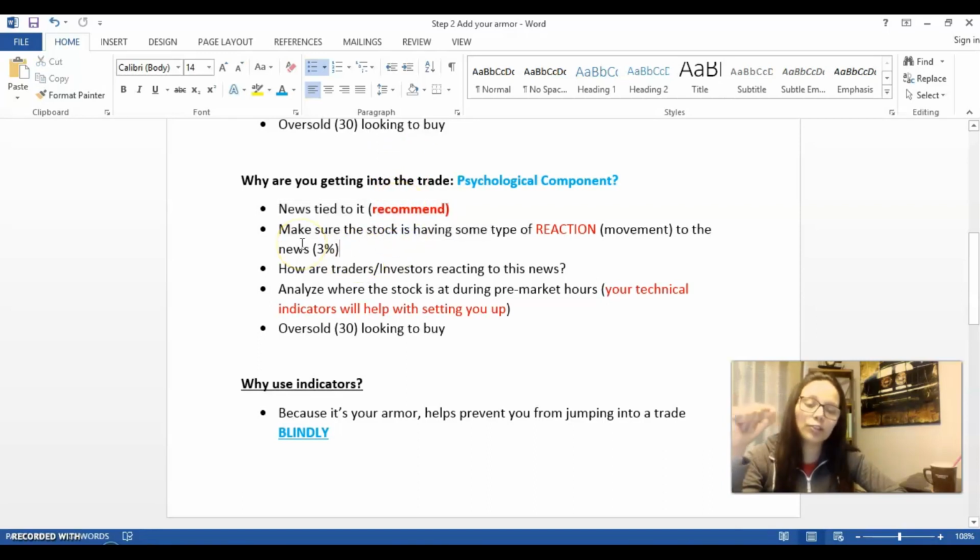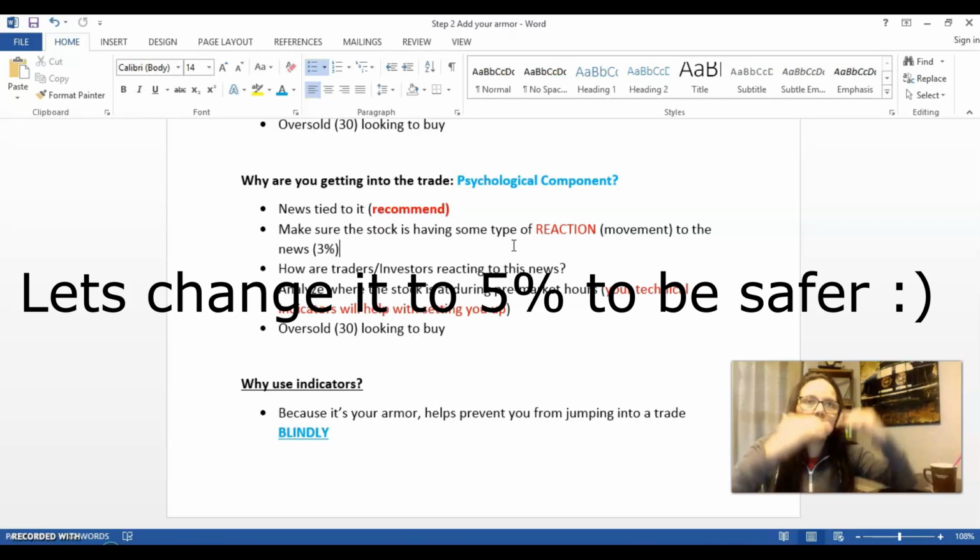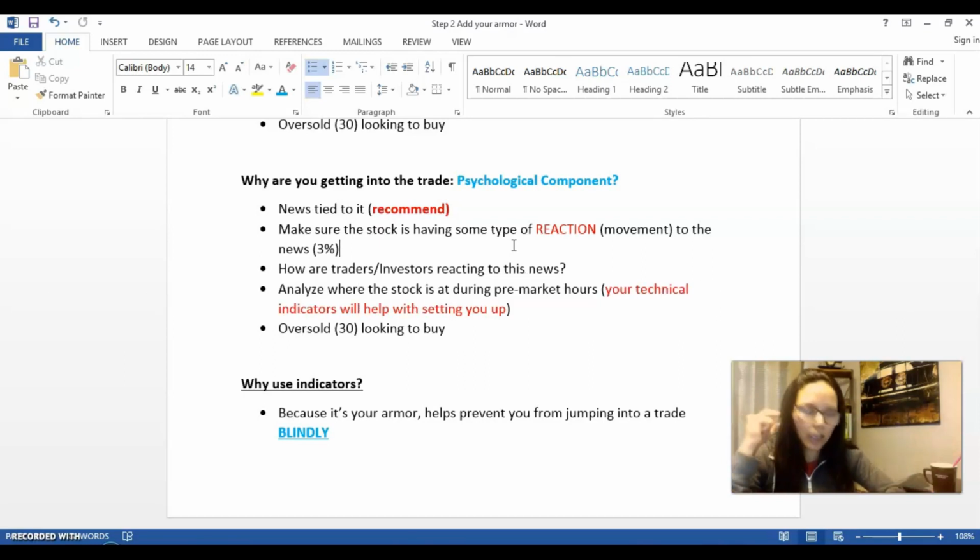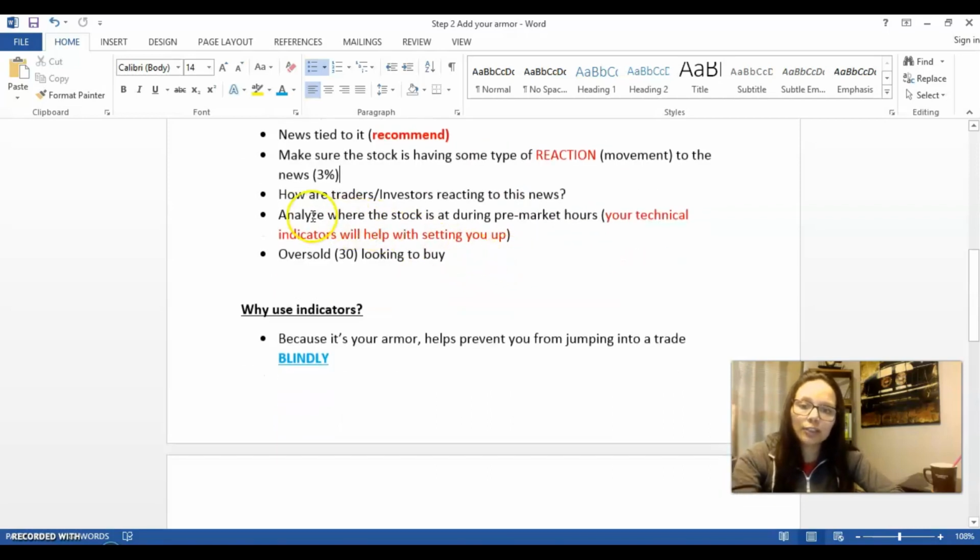So also make sure the stock is having some type of reaction, right? Some type of movement to the news. So you look at the percentage, okay? At least like 3%, some kind of movement to the news, okay? It needs a reaction to the news. Because how are traders and investors reacting to the news, right?